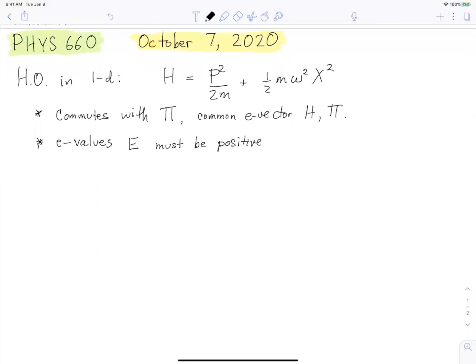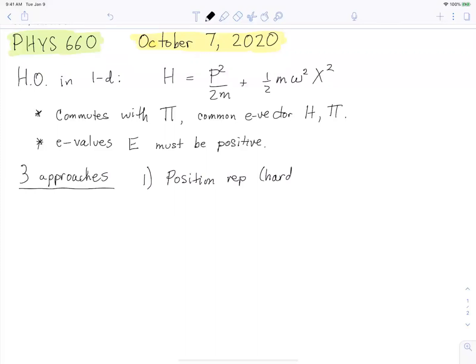And so we're going to do 3 approaches to the harmonic oscillator in one dimension, and this is the order in which we will do them. The first is the position representation approach. And this is the hardest one, but it has several advantages.